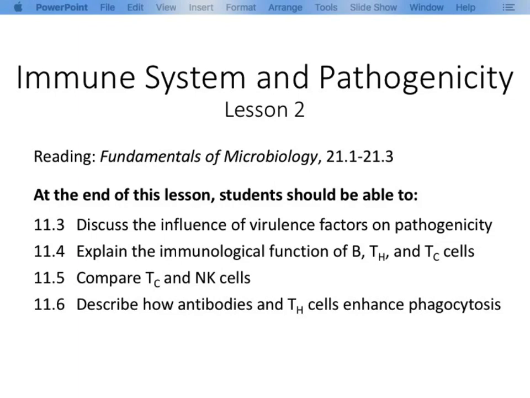Because one of the things that I want to make sure we have the time to do is not necessarily learn more, but go more into depth with how microorganisms overcome some of these immune responses, okay? And so we'll take some time with that.